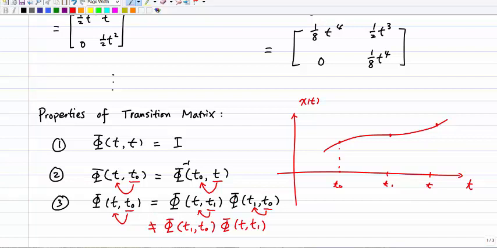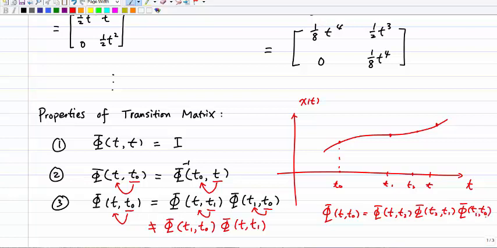Of course, you can add more. You can say I first transition from this one, then transition to t2, for example, then transition to t3. So basically, you have phi of t, t0 is phi of t, t2 times phi of t2, t1 times phi of t1, t0.